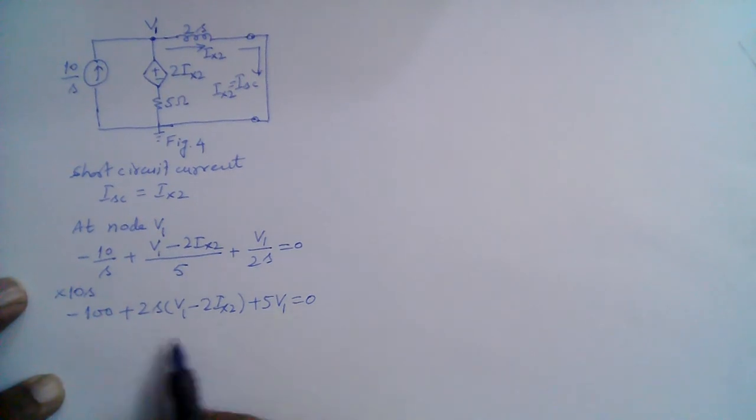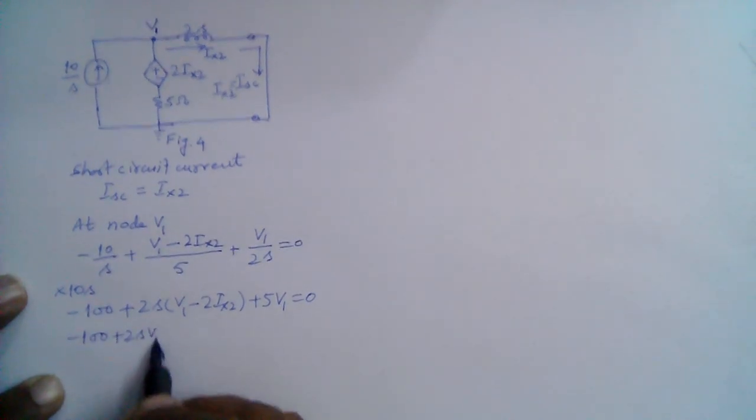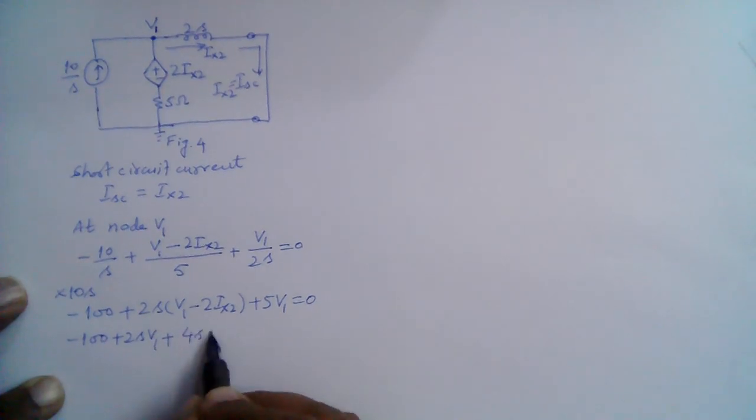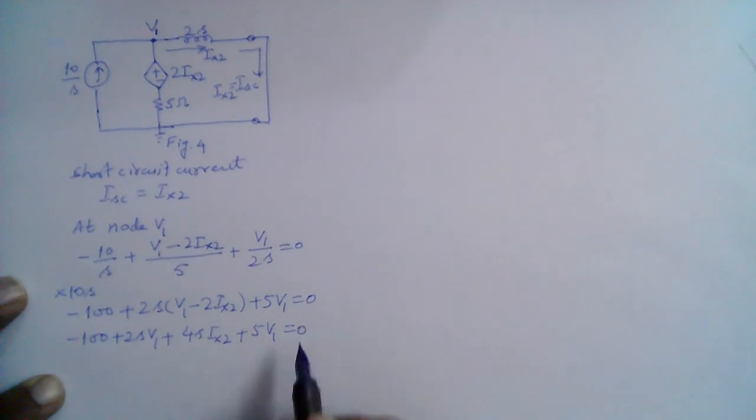So this will be minus 100 plus 2S V1 plus 4S Ix2 plus 5V1 is equal to 0.